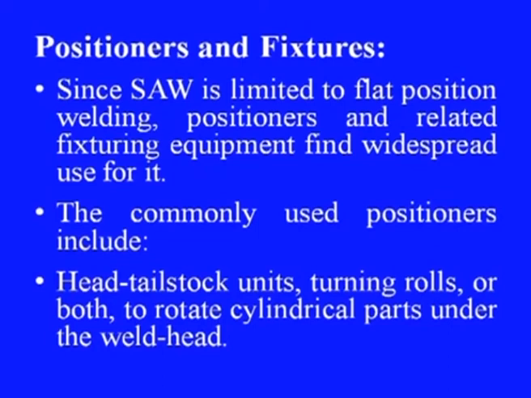The commonly used positioners include head tailstock units, turning rolls or boat to rotate cylindrical parts under the weld head, tilting rotating positioners to bring the area to be welded on irregular parts into the flat position. Then custom fixturing often includes positioners to aid in setting up, positioning and holding the workpiece together.